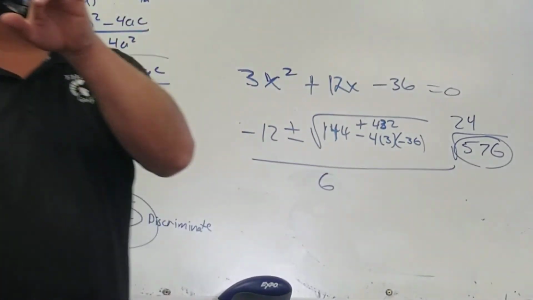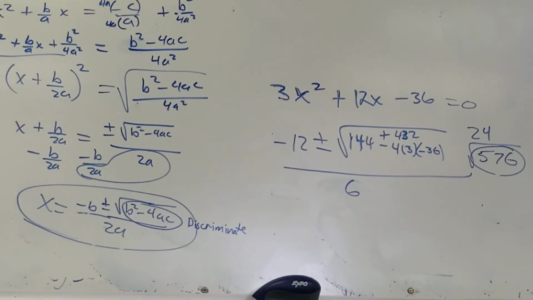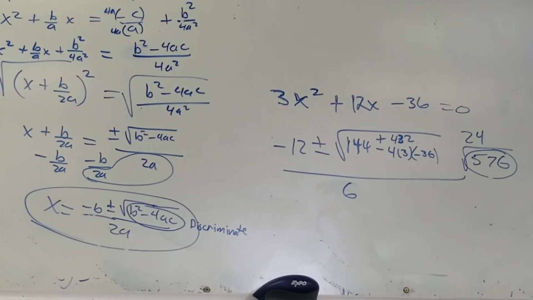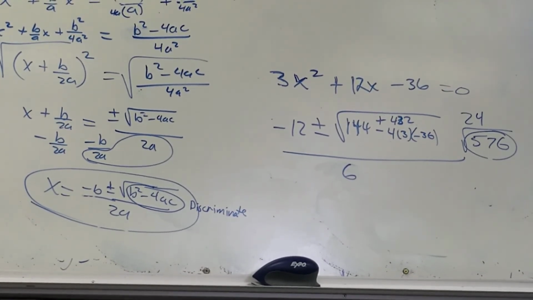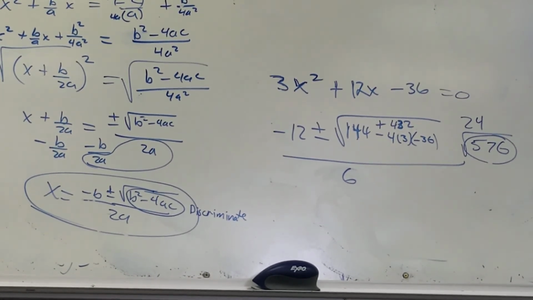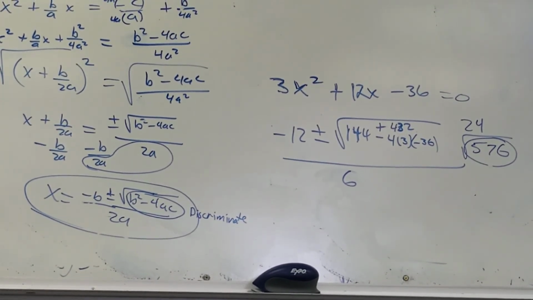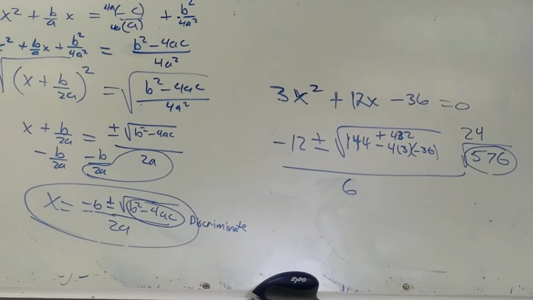What that tells you is that this would have factored. Maybe you didn't see that 3 was a common factor, but if you just do it, it doesn't matter. If you have a perfect square, it would have factored anyway. You could have used factoring. That's what the discriminant being a perfect square tells you.